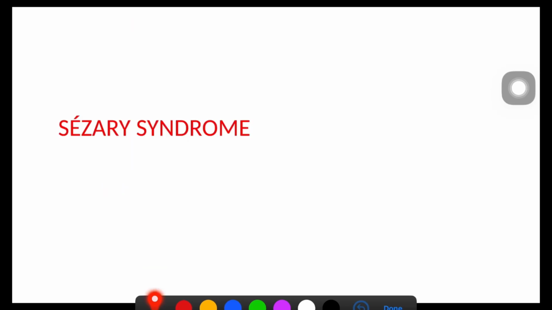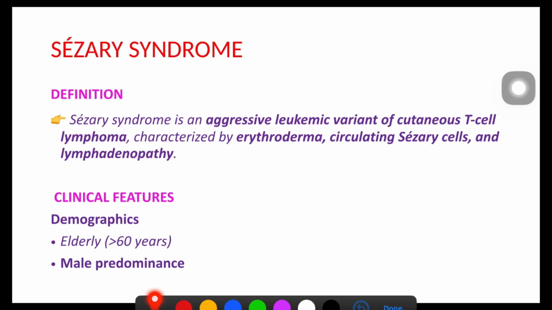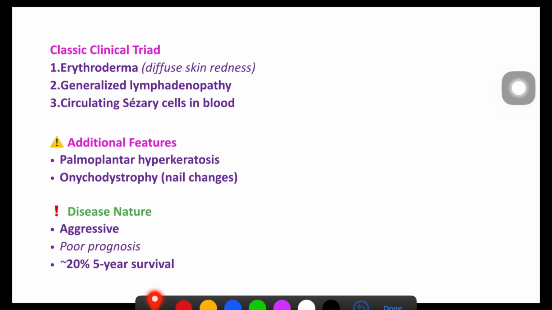Now let's see Sézary syndrome. It is an aggressive leukemic variant of cutaneous T-cell lymphoma, which is characterized by erythroderma, circulating Sézary cells and lymphadenopathy. Here the patient is elderly, more than 60 years old, and male predominance is there.